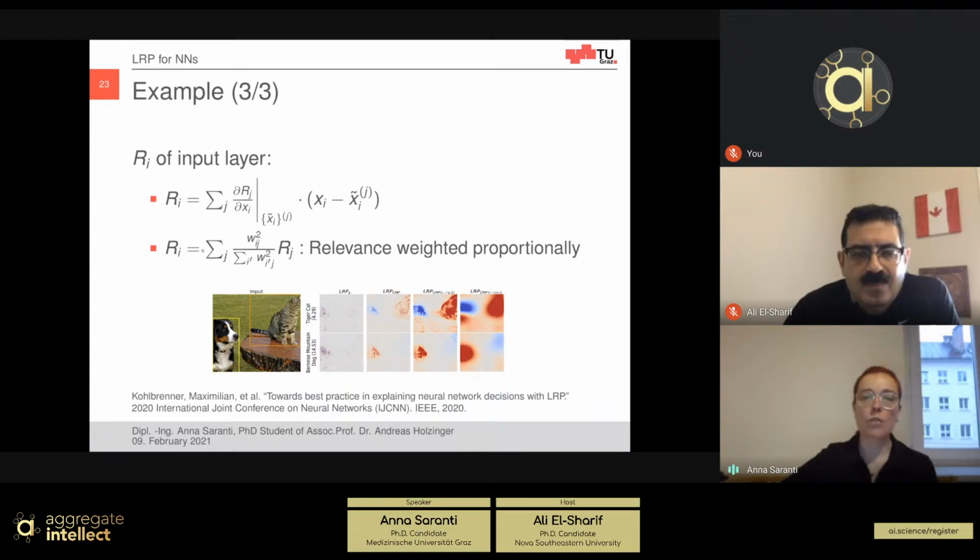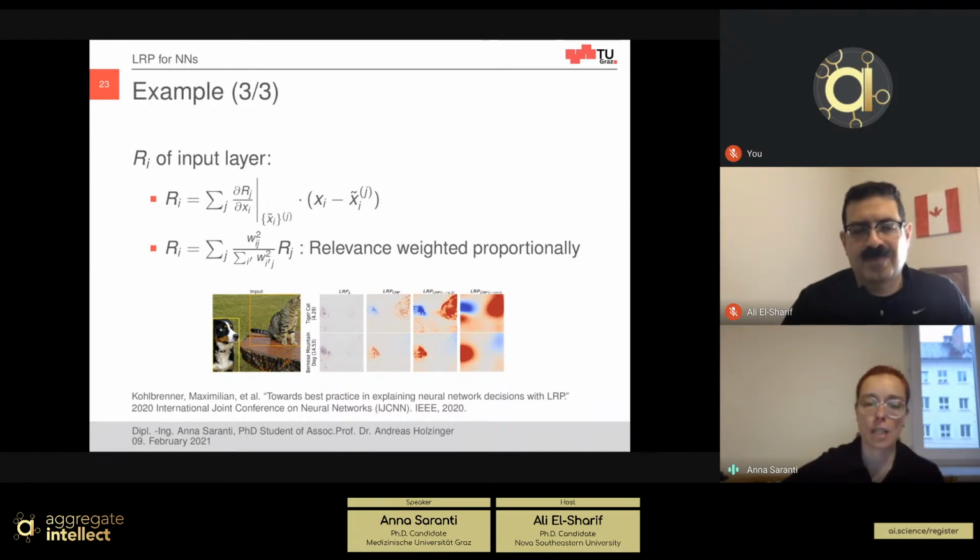With different rules of how to backpropagate relevance that do obey the conservation property, one can see that for this neuron, recognizing that this image is classified as a tiger cat, the positive relevance is on the cat, and something that doesn't help the neural network to say that this is a cat is here in blue.